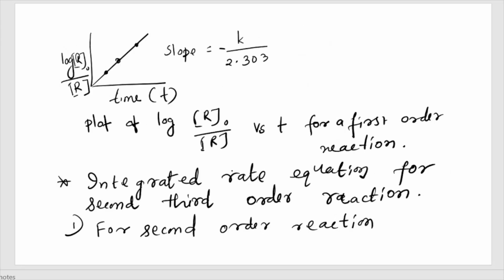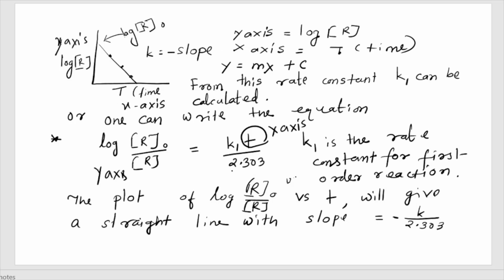Plotting log r0 molar concentration divided by r molar concentration, you will get a straight line with slope equal to minus k by 2.303. Here you are not getting any intercept, but when you take simply log r on the y-axis and t on the x-axis, you get a straight line, but not crossing the origin, having an intercept of log r0.